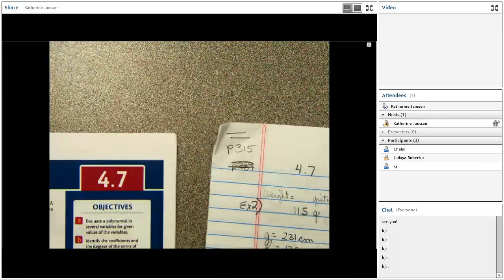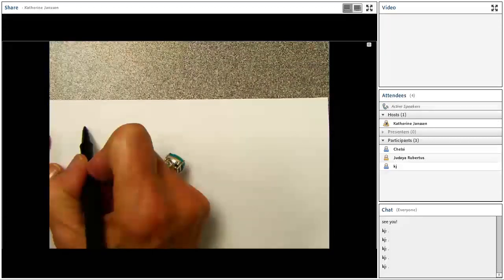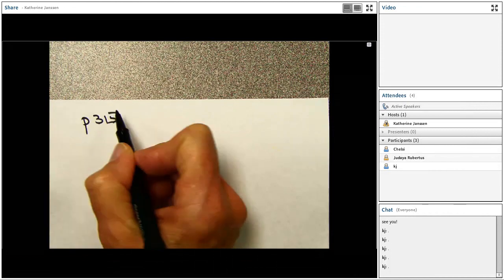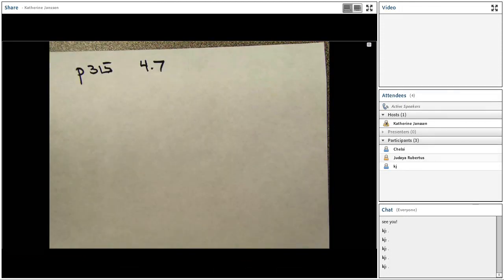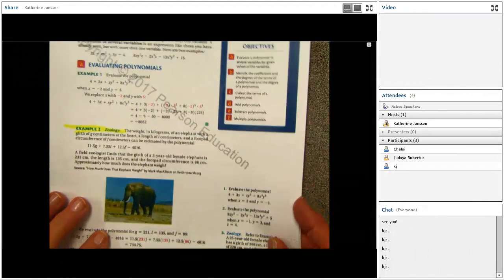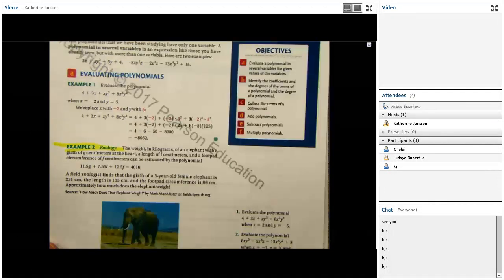And then we're on section 4.7, page 315. And we're looking at evaluating polynomials as they apply to our story problems.